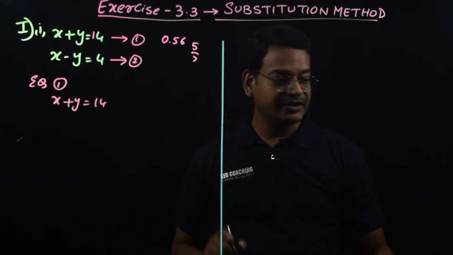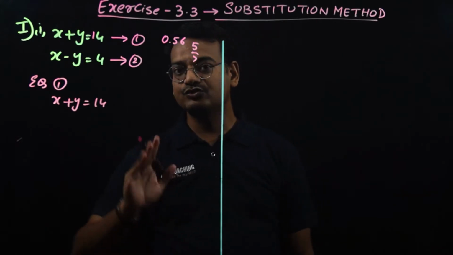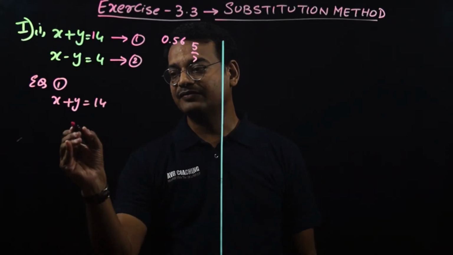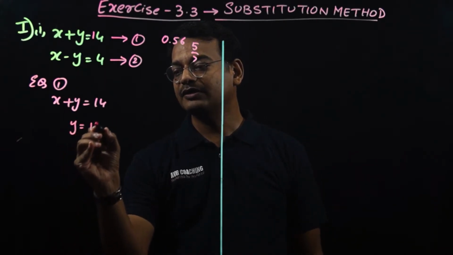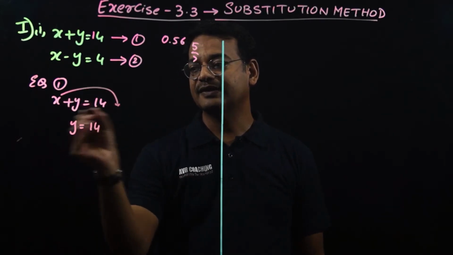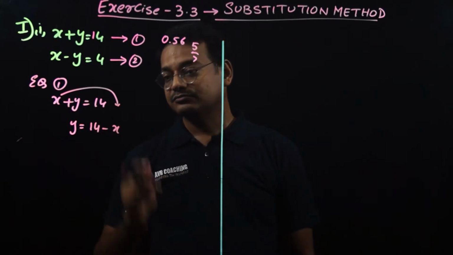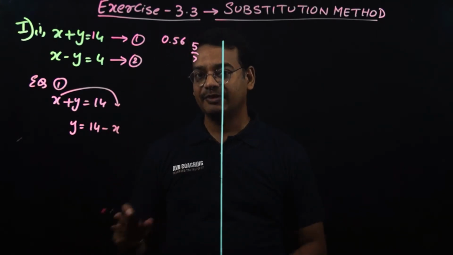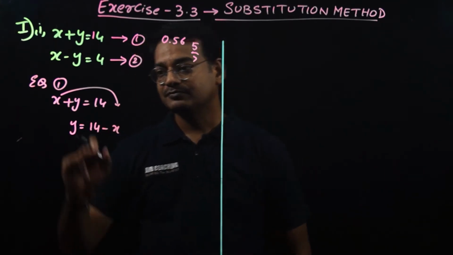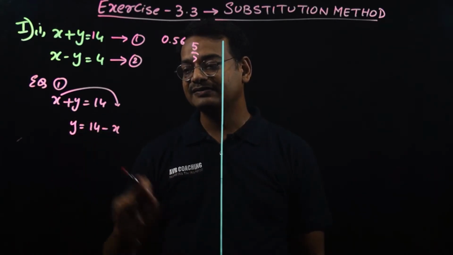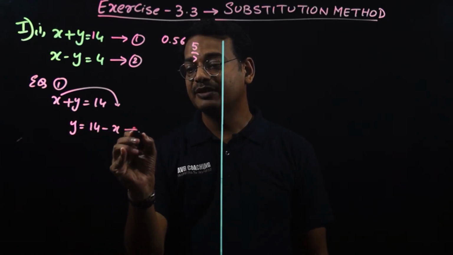As we did for the graphical representation, we take y alone on the left hand side and shift all other values to the right hand side. The other value here is x, so when we transfer it to the right hand side, it becomes minus x. So y equal to 14 minus x. This will become equation 3.